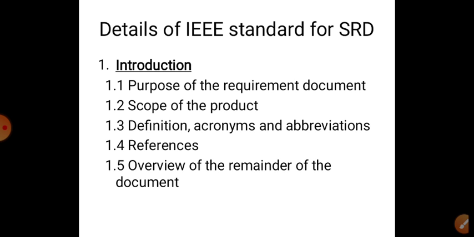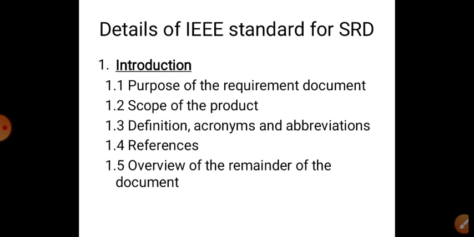As you know, we use various terms while developing the software. So the meaning of all these terms must be very clear to the participants. That is why definitions are very clearly written as part of the software requirement document. Even the acronyms and abbreviations meaning should be clear to all. 4th, references.